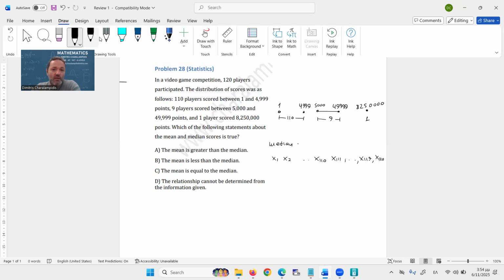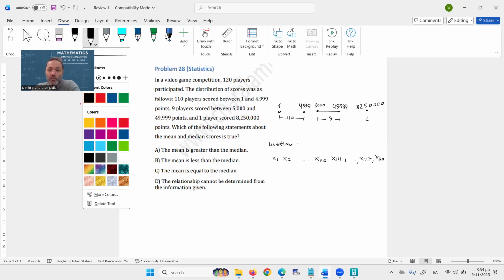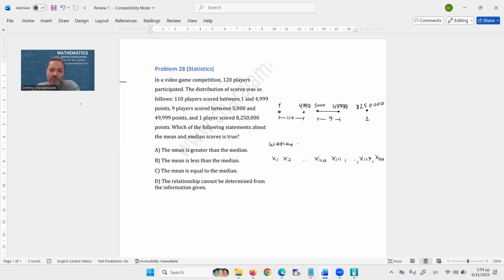I would start crossing out these values one by one, from the smallest to the biggest. So the smallest and the biggest, then the smallest and the biggest.